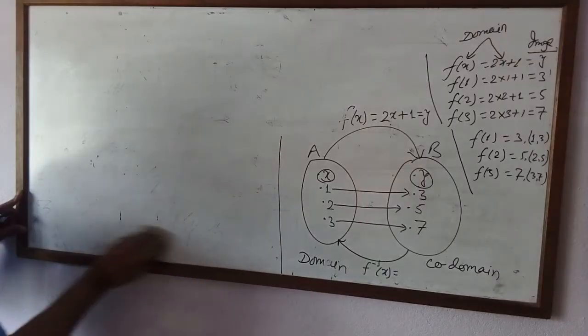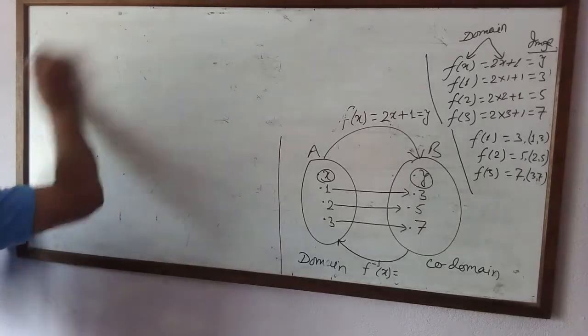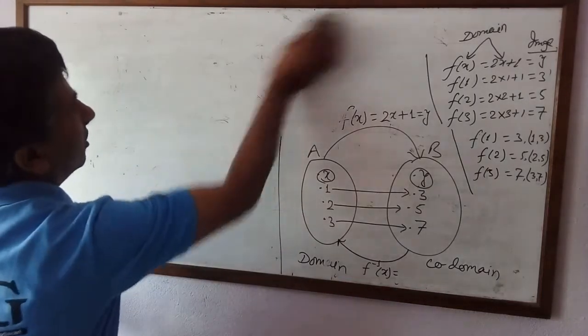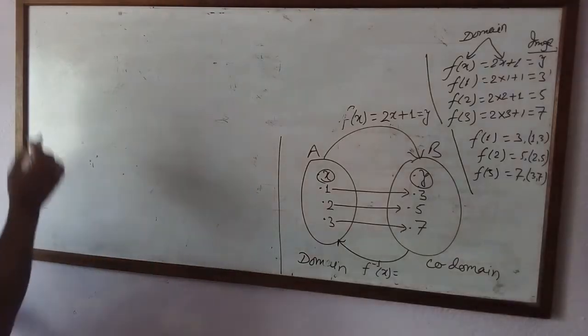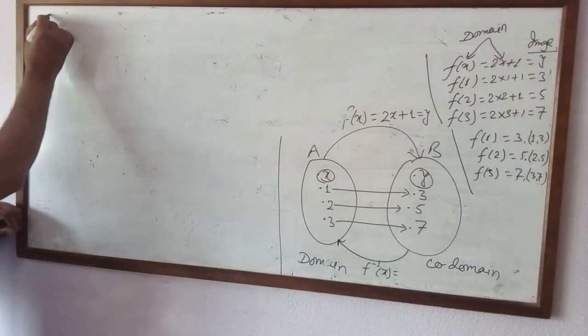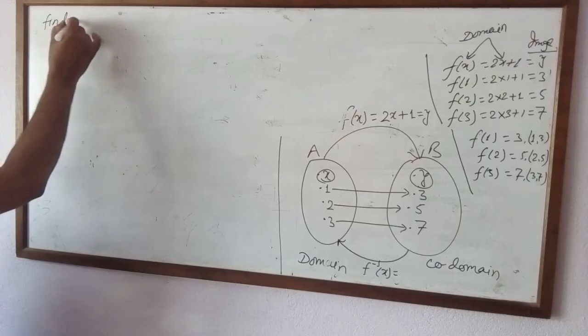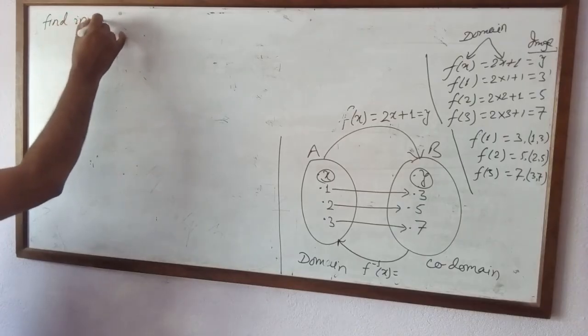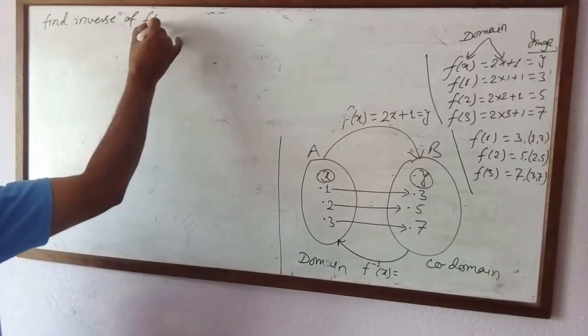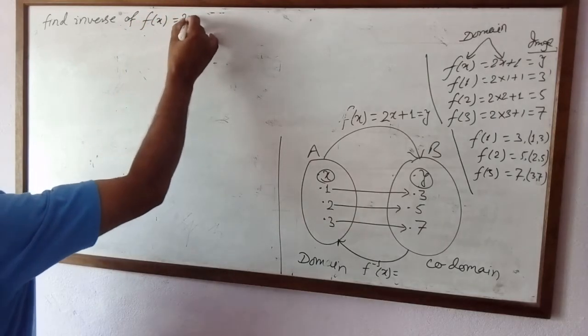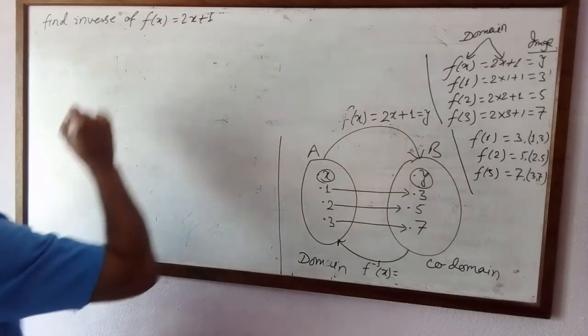Now I am going to explain the method of finding the inverse function of any function. First process: find the inverse of f(x) equals 2x plus 1.